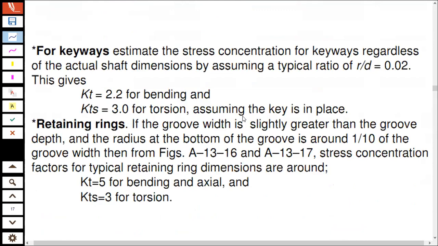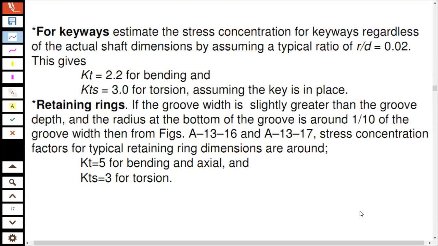Now, if we also see in shafts, you don't only use these reliefs or shoulders, you also use keys, right? When you use a key, a typical keyway would look like this in a shaft, right?